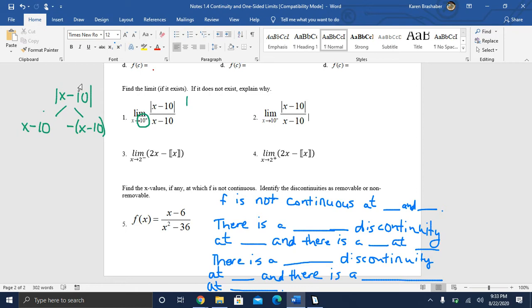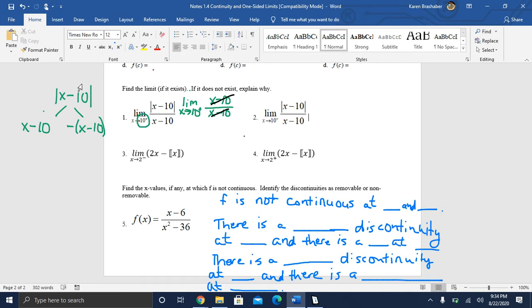And so we'll be looking at the limit as x approaches 10 from the right of x minus 10, the positive branch, removing the absolute value, over x minus 10. Well, notice that those are common factors, so you can cancel.